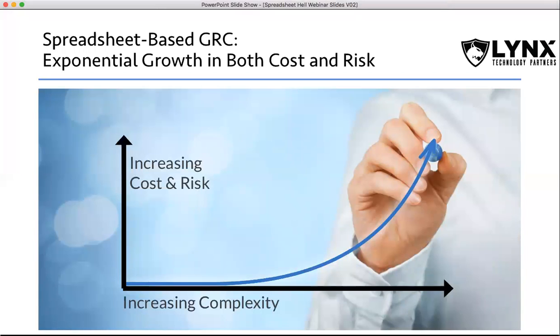In looking at spreadsheet-based GRC, as I've researched the market and talked with customers about this topic, one thing has become very clear: spreadsheets start out as a great tool for tackling small, quick GRC projects that organizations see pop up, or the first time they're tasked with doing GRC.